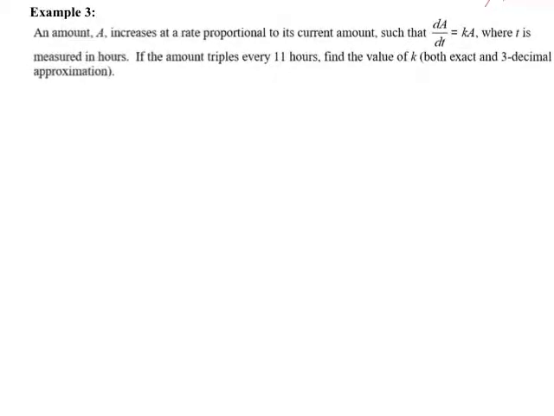If the amount triples every 11 hours, find the value of k. So right away, they give us the differential equation, dA/dt equals kA. So we should be able to jump to the fact that A is our initial value times e to the kt.